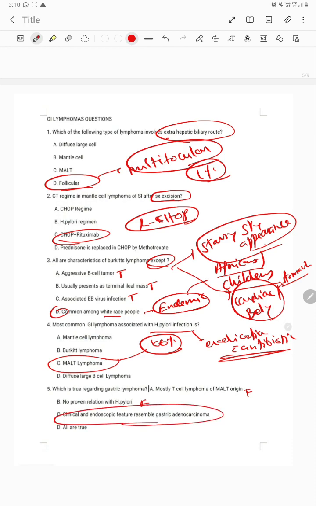Most of these lymphomas are common in the antral region, and gastric adenocarcinoma is also common in the antral region. So the clinical features they present with have similarities, like weight loss and other features that are common with gastric adenocarcinomas. Thank you.